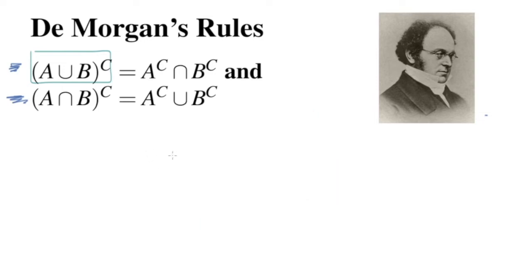Okay, so this is important because earlier we had three operators, right? We had intersection, we had union, and we had complement. But these rules are telling us that we can define one of these, the intersection or the union, in terms of the other one. So we can actually just delete one of them, and we only need two operators. Say we get rid of the union operator, we can get by with just the intersection operator and the complement operator.